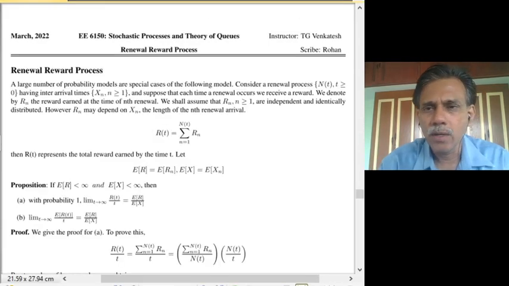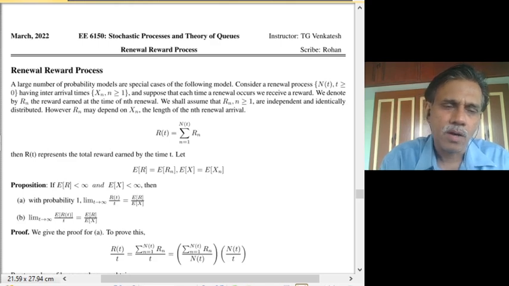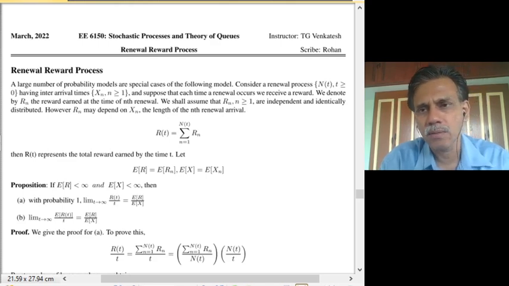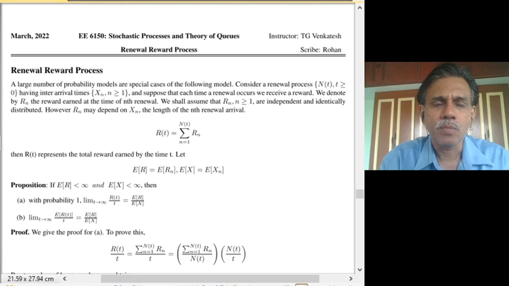We have already looked at the basics of renewal process, and we will try to add certain quantification to the renewal process, which makes it more amenable to model some real world situations.